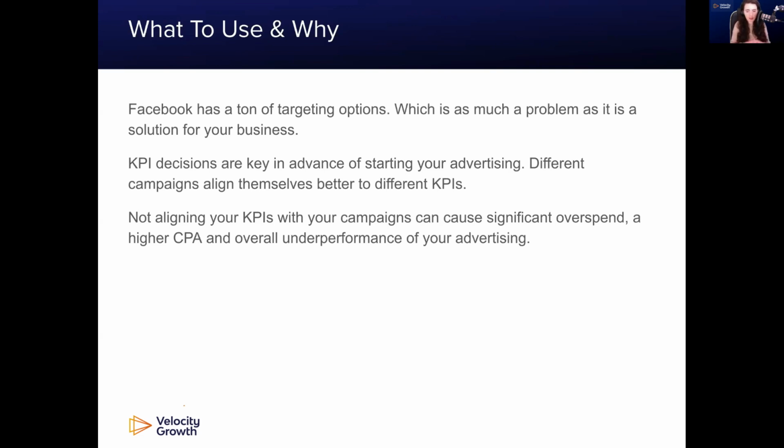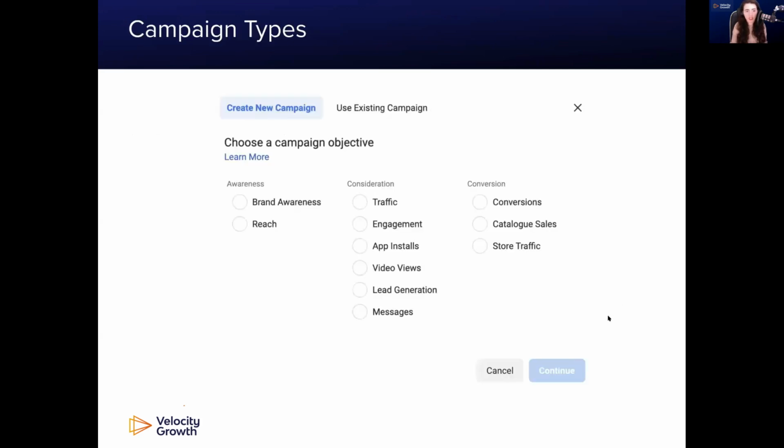So you need to be thinking about what your business goals are, what you need from the platform, and how you're going to measure that. So your KPIs or your goals, your performance indicators, you need to have those planned out in advance. And those being planned in advance make all of the difference when it comes to advertising on Facebook. It's hugely important.